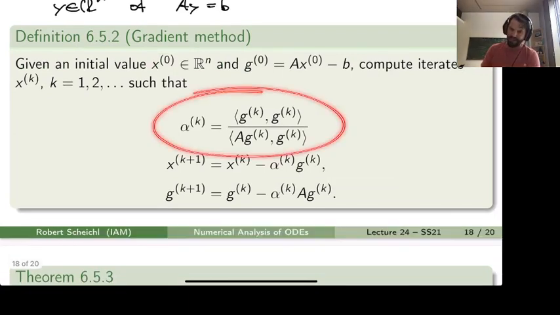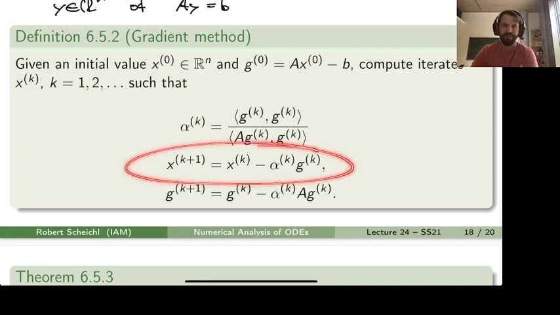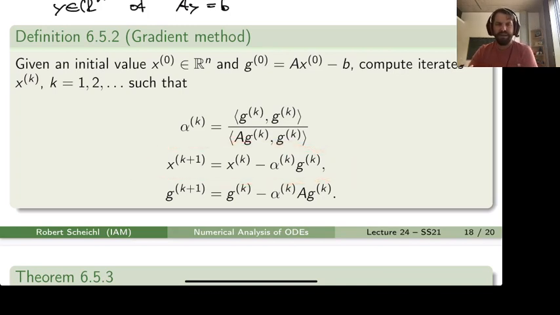I'll double check the sign. We can compute the update by computing x_{k+1} as x_k minus alpha_k g_k, and we can update the gradient for the next iteration to be g_k minus alpha_k A g_k. And this whole method we'll call the gradient method for linear systems, or for this quadratic functional, definition 649.